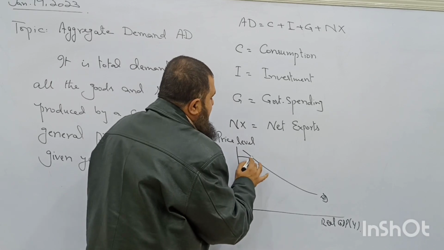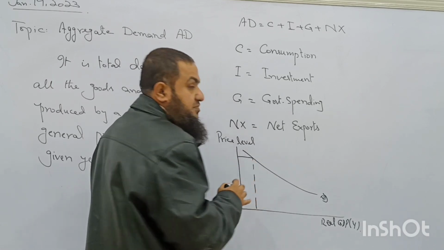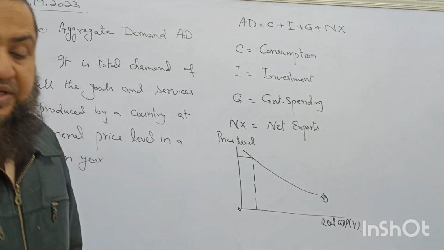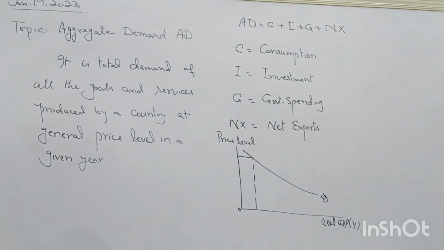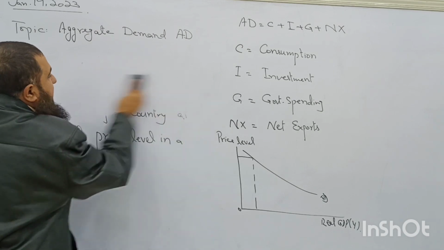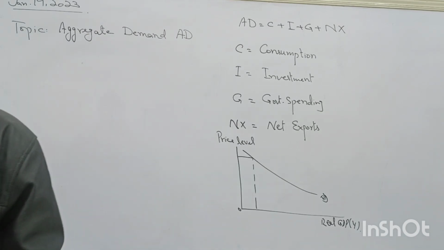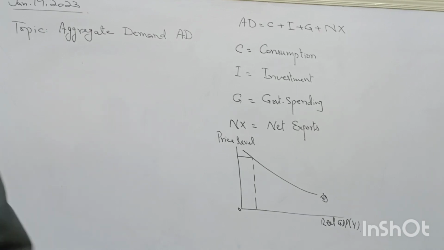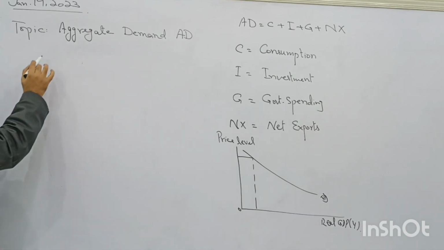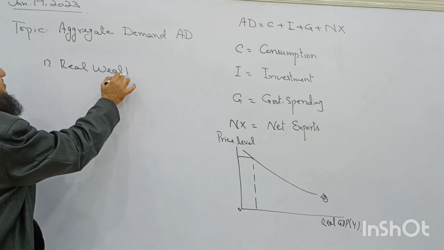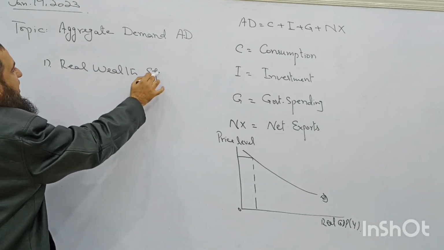Like when the price level is high, what is happening? There are three effects. I am going to erase this side of the board in order to explain why the aggregate demand curve slopes downward. There are three reasons for this. First is the real wealth effect.